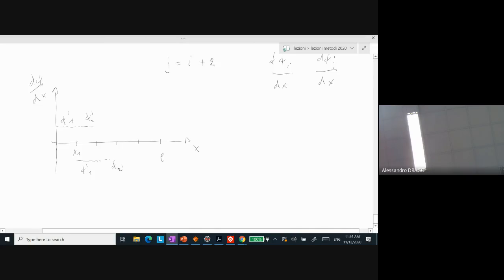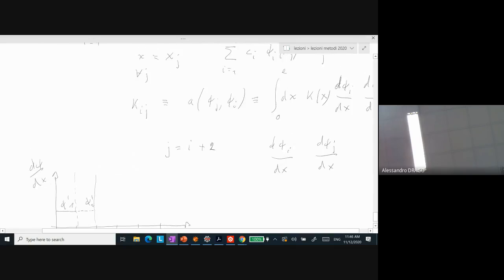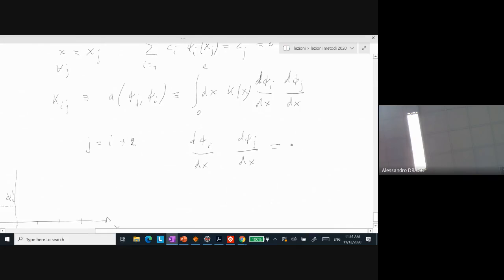So there is an overlap in this region here. So phi 1 prime and phi 2 prime overlap, but phi 1 prime and phi 3 prime never overlap, meaning that this object is just equal to 0.